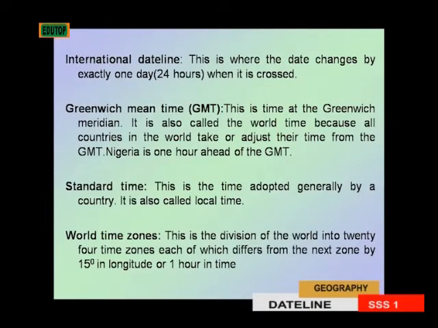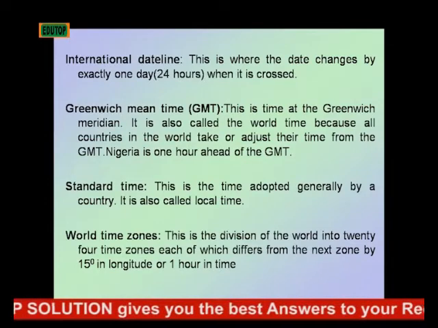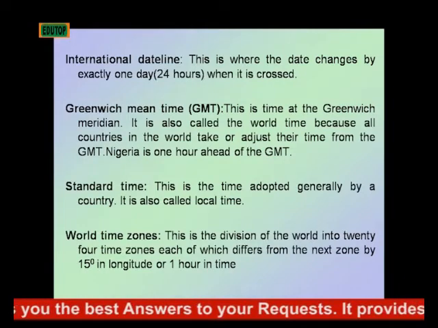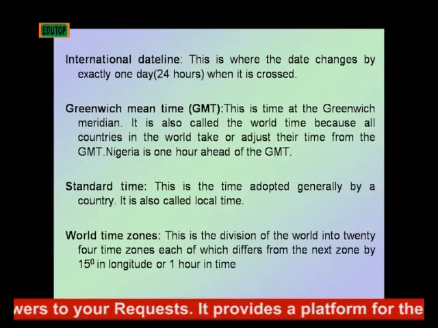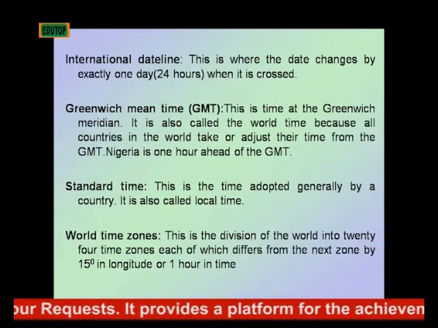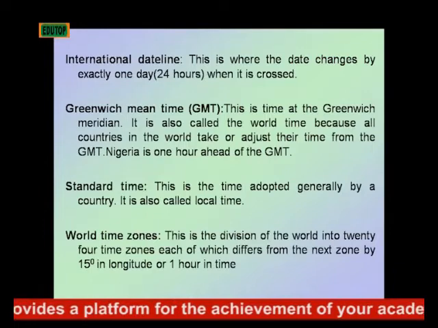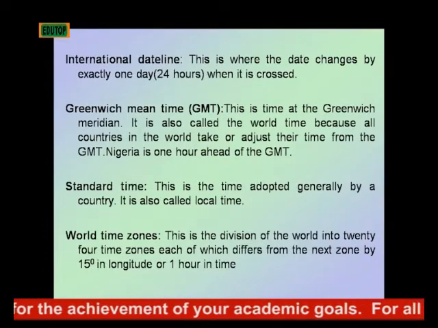Now, let's look at the international date line. The international date line is where the date changes by exactly 1 day when it is crossed. 1 day, of course, is 24 hours.